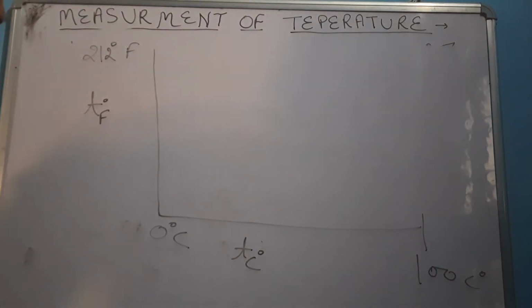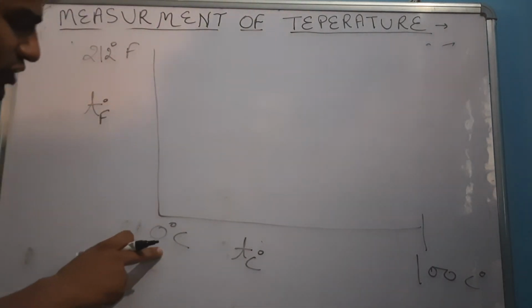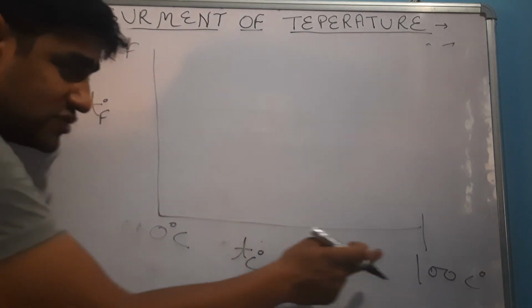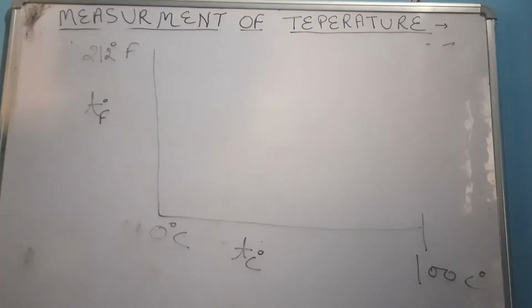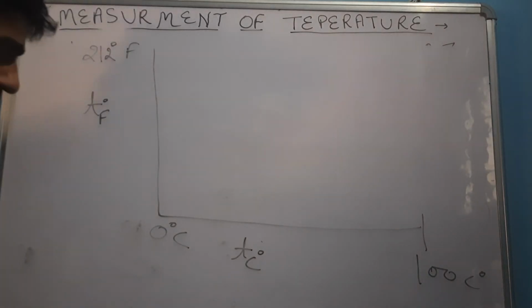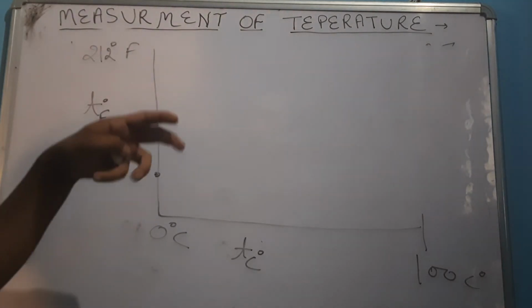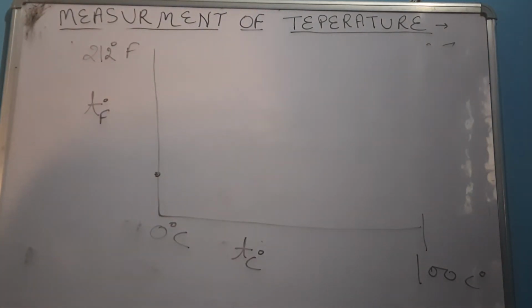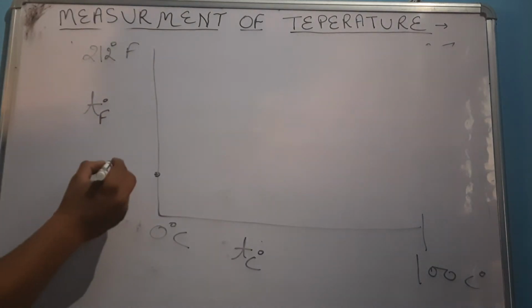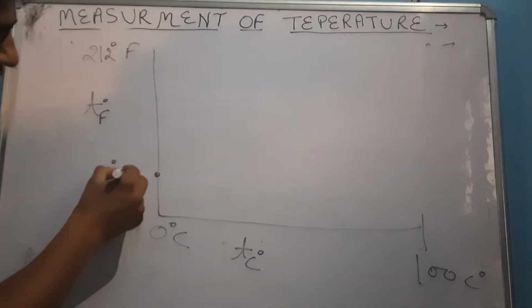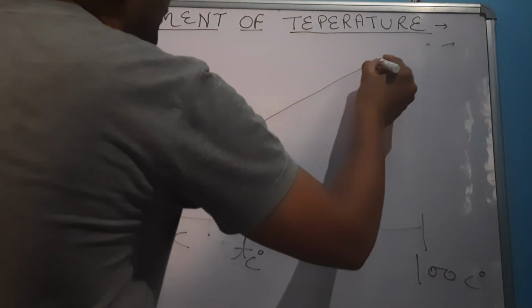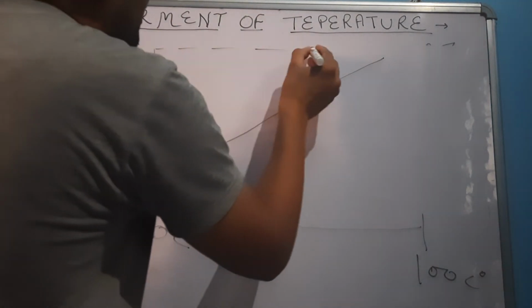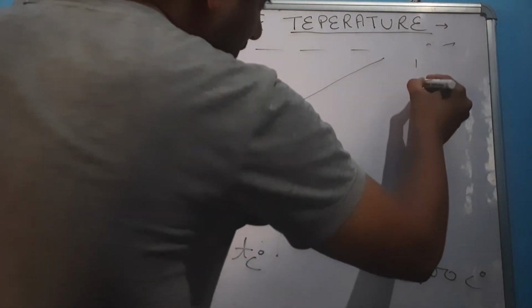But we know that at 0 degrees Celsius in the Celsius scale, in the Fahrenheit scale it is 32 degrees Fahrenheit. So this will be our graph, and then the temperature keeps on increasing.